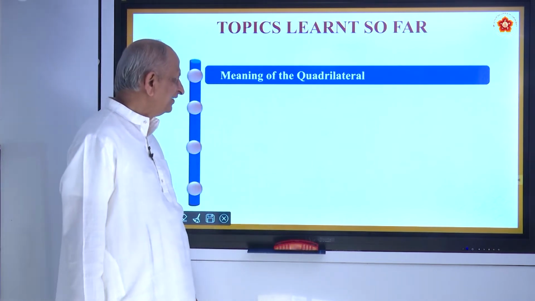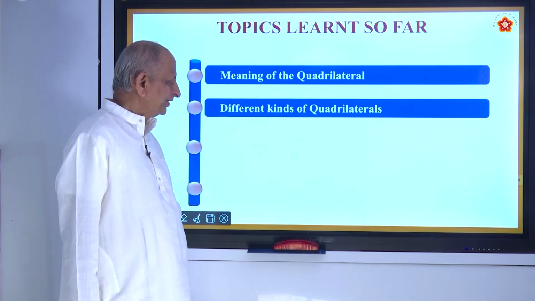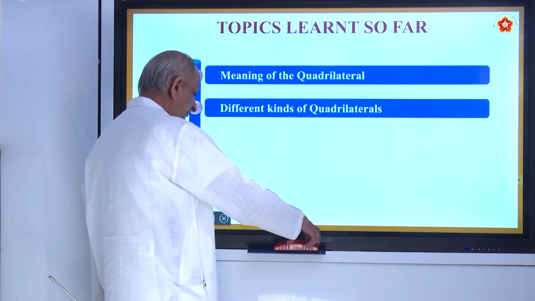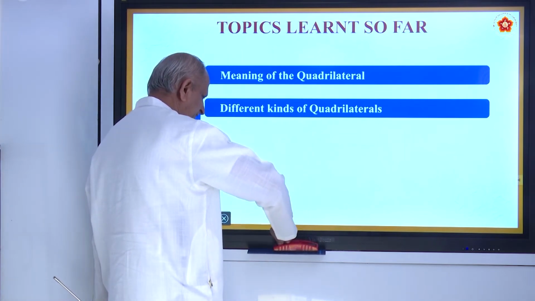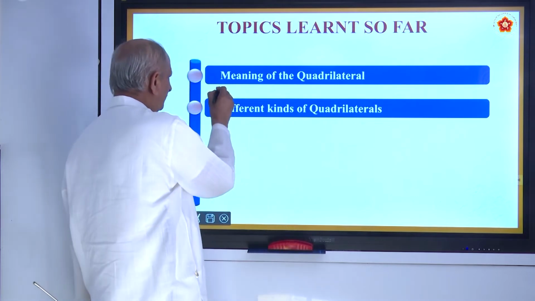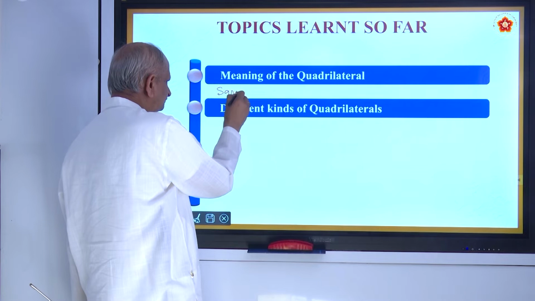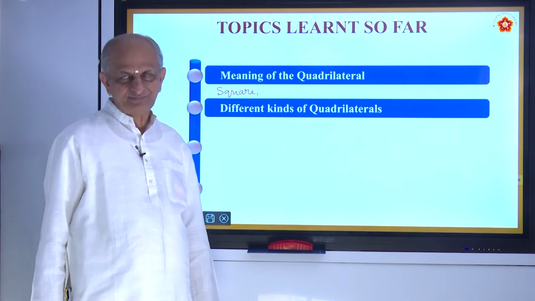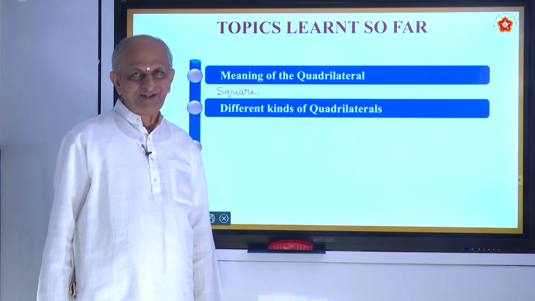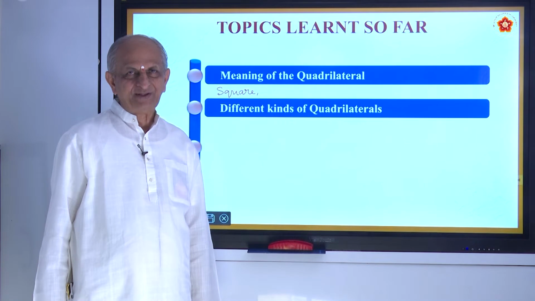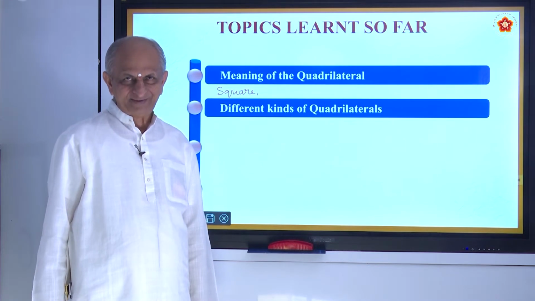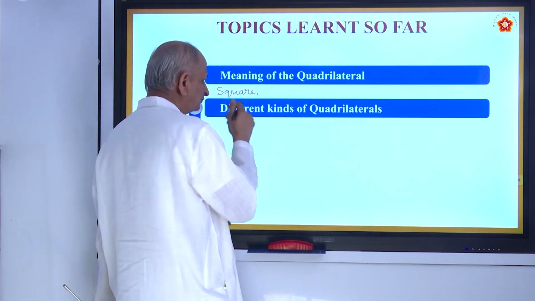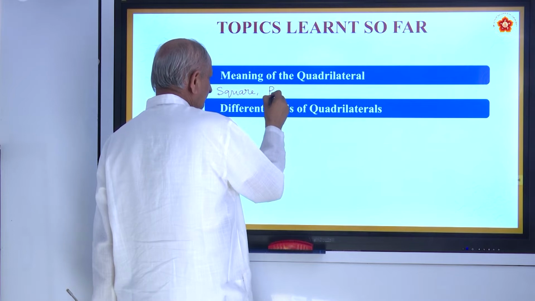Yes, it is called a square. Among the different kinds of quadrilaterals, the most famous type is the square. A square is a quadrilateral having all four sides equal and all four angles equal. What is the measurement of the angles? 90 degrees, right? And the two diagonals are also equal.